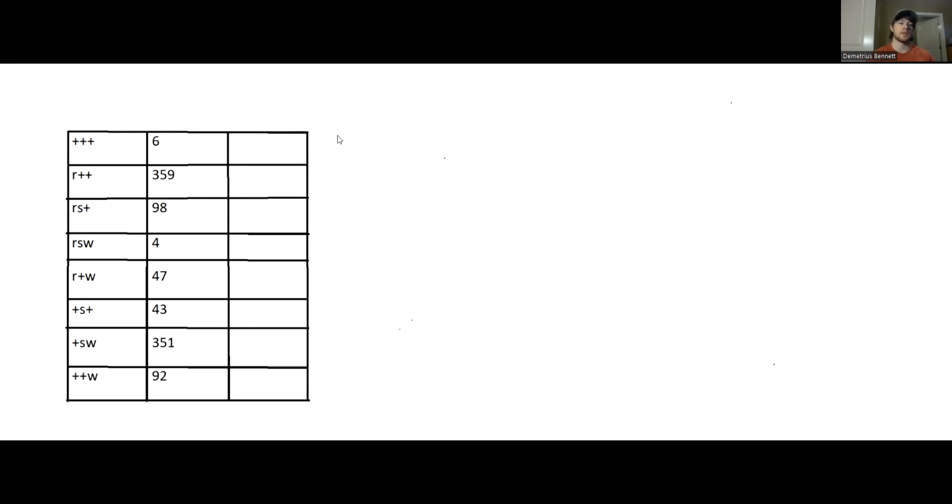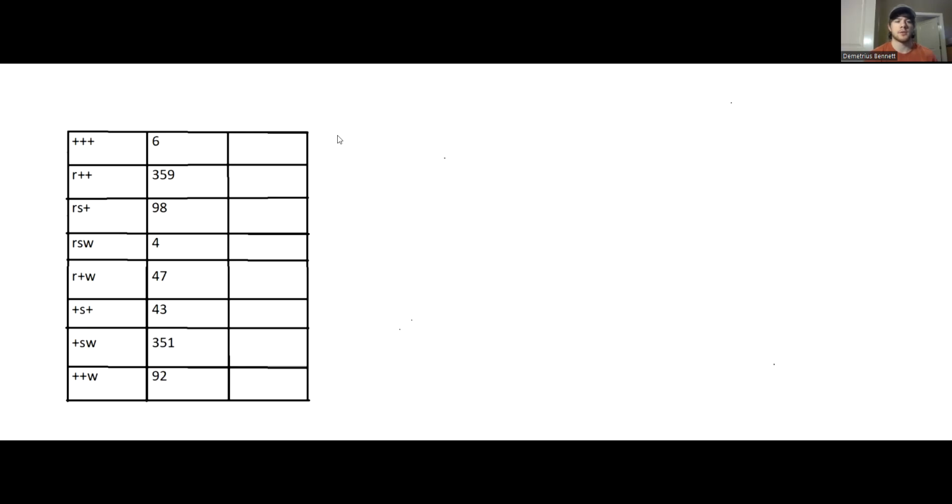On the very left, you can see the pluses, the R's, the S, and the W's. These are the phenotypes. The pluses are known to be the uppercase letters. So the very top one says plus plus plus, but it is big R, big S, big W, and that's the wild type, the most common gene that you would see out in nature.